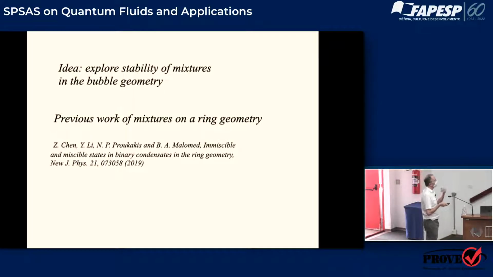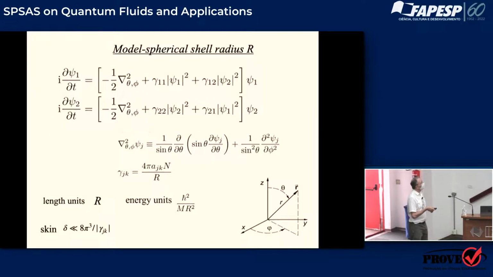So looking at the ideas of this paper about the miscibility, we made a model similar to theirs, but now it is, of course, in 2 dimensions, in the dimensions theta and phi on the sphere. Since there are 2 condensates, in fact, we have 2 coupled condensates here. If you look at the Laplacian, it doesn't contain the R term in spherical coordinates, because we are neglecting the R term.